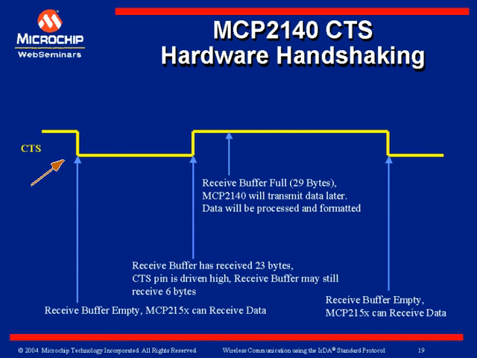So you know that when CTS falls, the entire 29 bytes of the host UART receive buffer are available. CTS will be driven high when 23 bytes are in the host UART receive buffer. Again, this is to give notice to host controllers that use a transmit FIFO on the UART. The data packet size for the 2140, though, is still 64 bytes. So data coming from the primary device would still be able to be in a 64-byte packet.